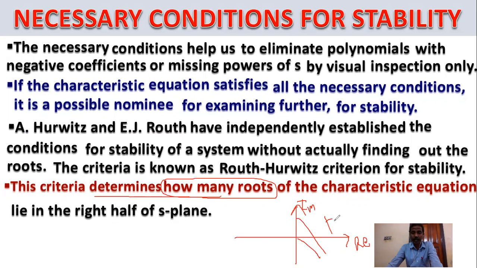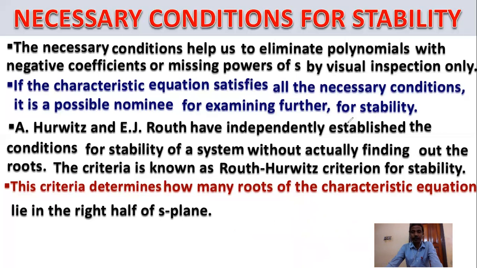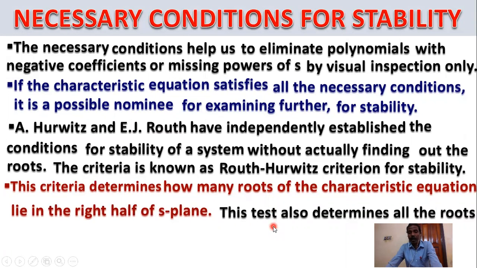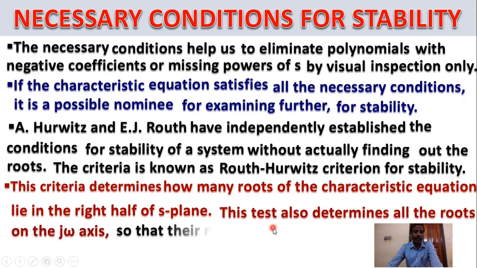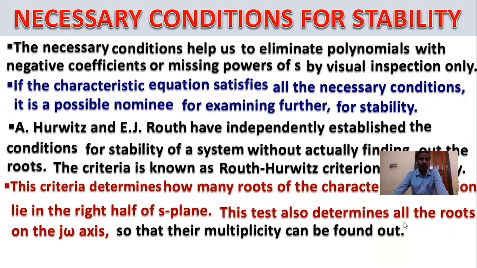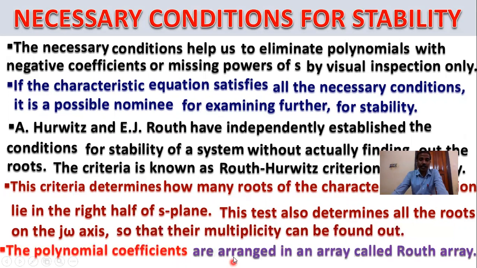This is the right hand side. And if all the poles and zeros are on the left hand side of the S plane, then system will be stable. This test also determines all the roots on the j omega axis so that their multiplication can be found out. And the polynomial coefficients are arranged in an array called the Routh array.